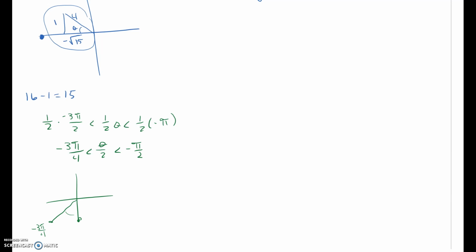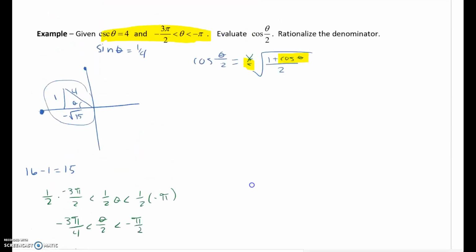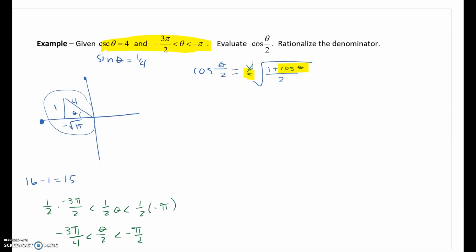Since we're in the third quadrant, cosine is going to be negative. The quadrant that your regular angle is in tells you what you plug in for theta. So for cosine I'm plugging in negative root 15 over 4. The half angle just tells you if you're going to have a positive or a negative. We will talk more about that in class, but that's the gist of it.